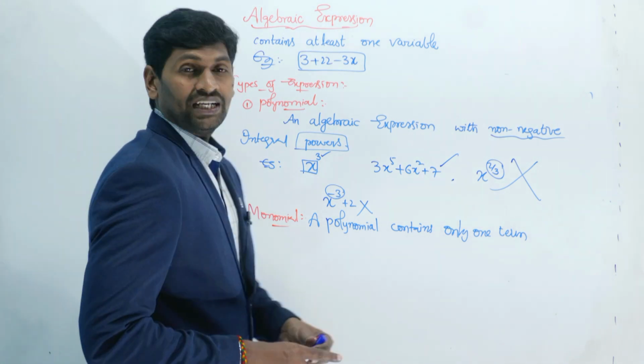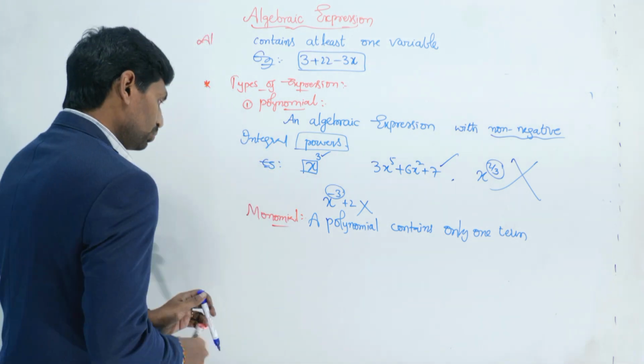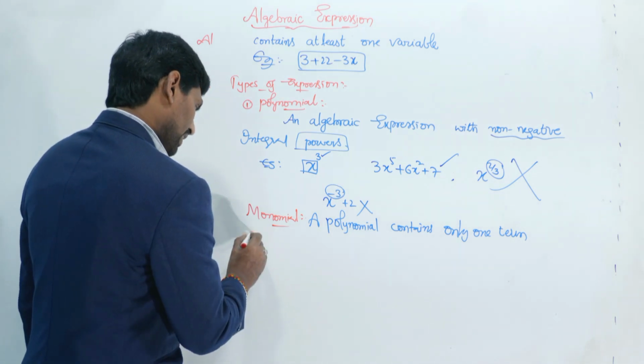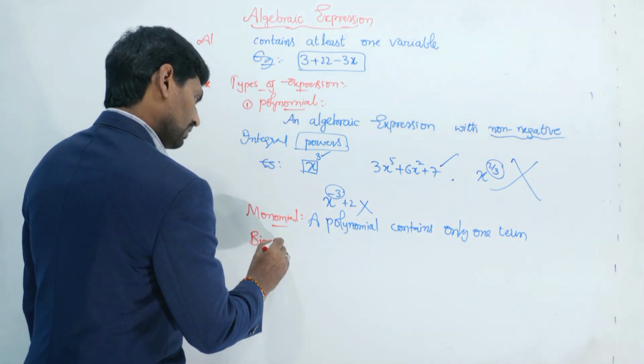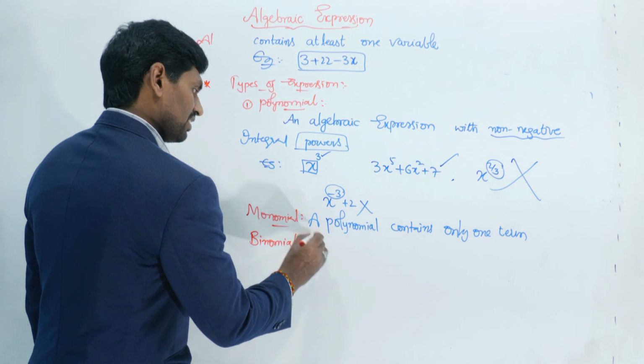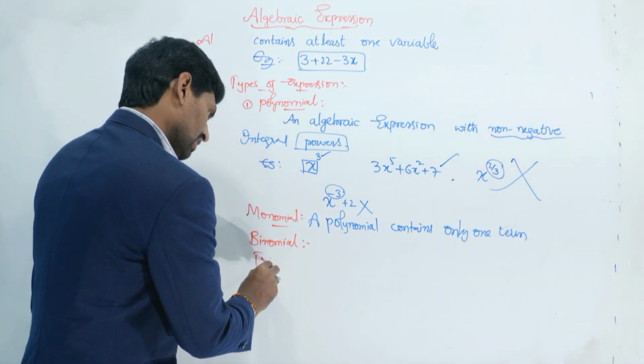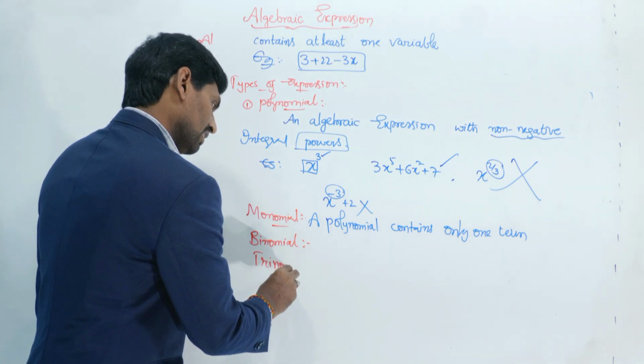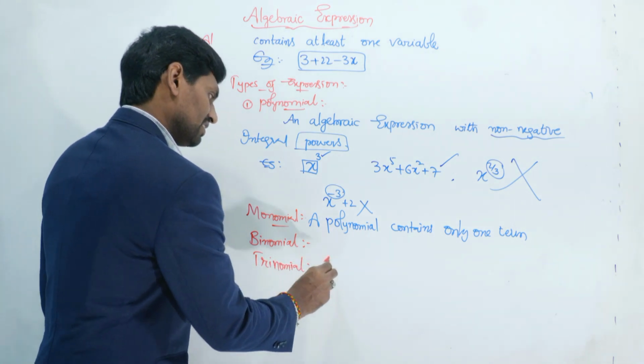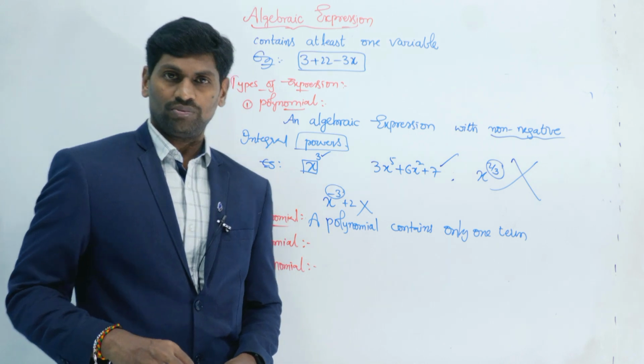A polynomial containing exactly two terms is called binomial. Trinomial: a polynomial containing three terms is called trinomial.